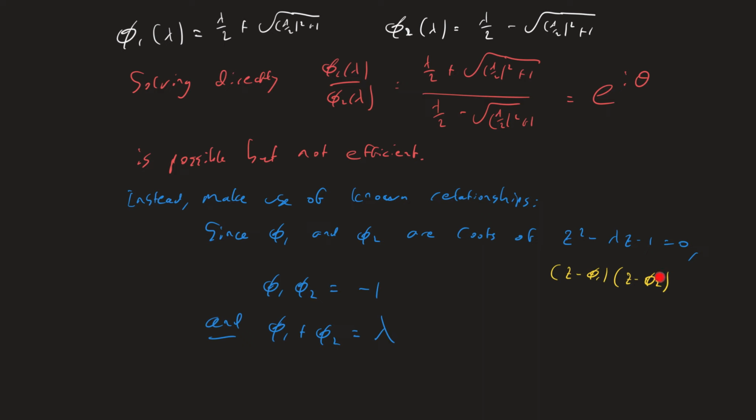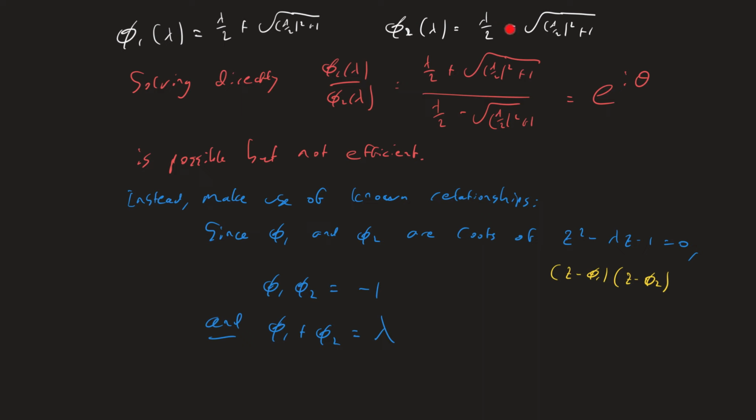If we were to expand this out, we get z squared minus phi 2 z minus phi 1 z plus phi 1 times phi 2, and equate coefficients. We see that phi 1 phi 2 is equal to negative 1. The product of the two roots is equal to this coefficient here. And the sum of the two roots is equal to the negative of the coefficient here.